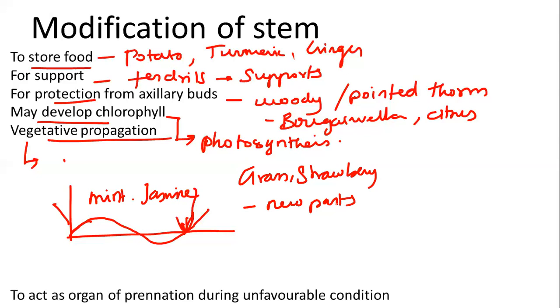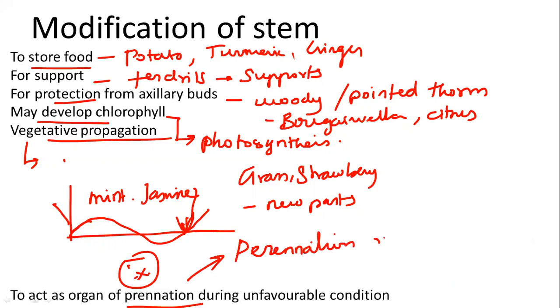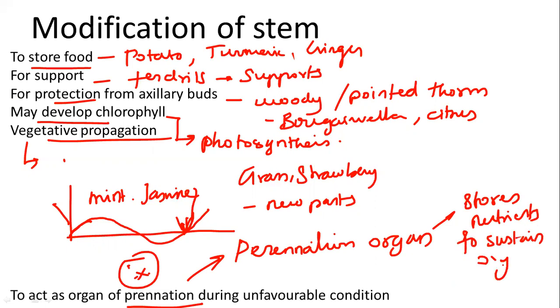Another modification of stem is that it may also act as an organ of perennation. Remember, this point is very important. Organ of perennation means perennating organ. It develops to store nutrients, which helps sustain the organism during unfavorable conditions.